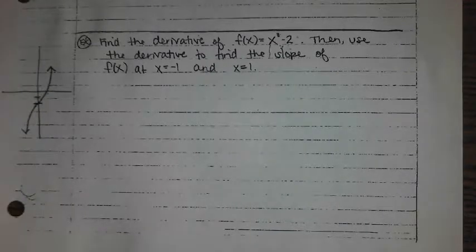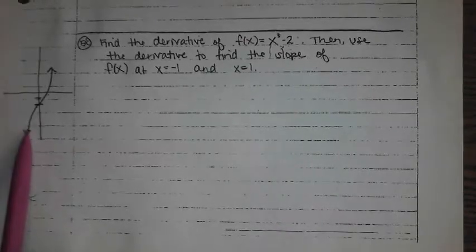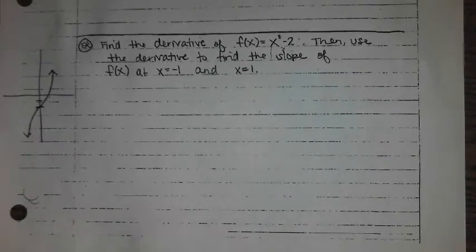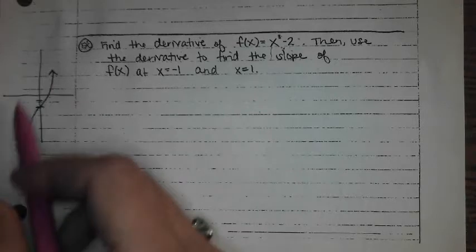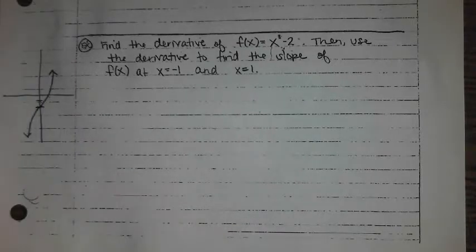So we're going to find the derivative. Now, first of all, what can we say about the slope of this function no matter where we are? The slope is always increasing, so it should always be a positive slope. So when we find our derivative formula, we'll take a closer look at why that derivative formula only yields positive results, because obviously that has to be the case if this graph is always increasing.